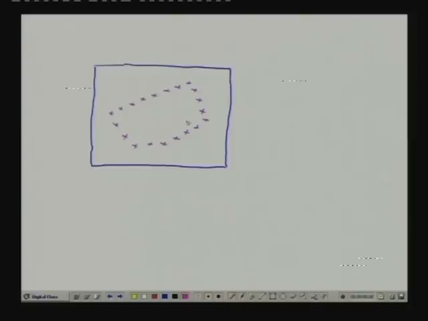So, these are the boundary points in the straight line. So, when I compute this Hough transformation, I get an accumulator cell.